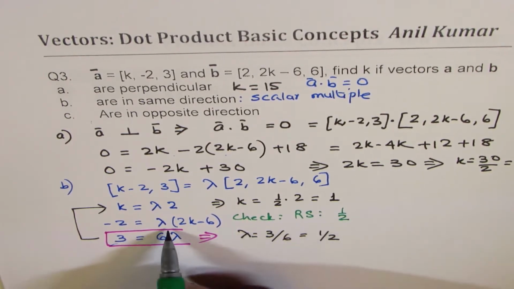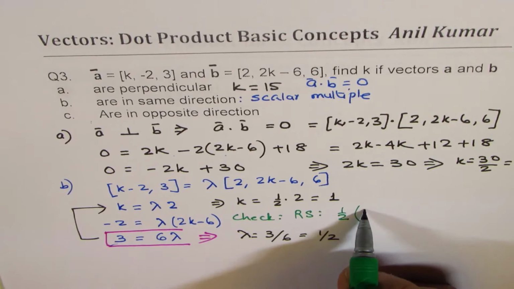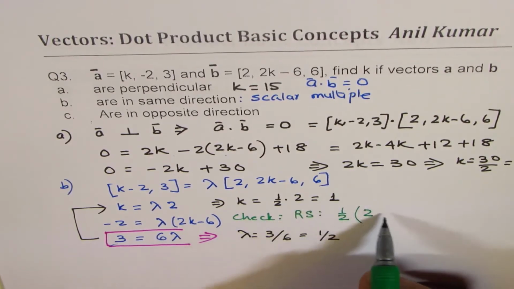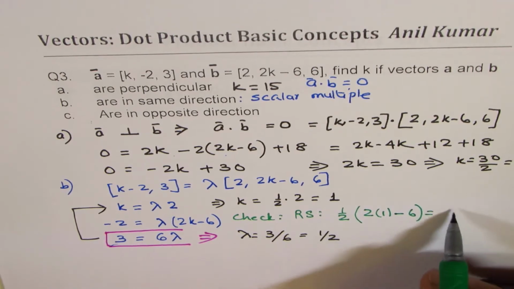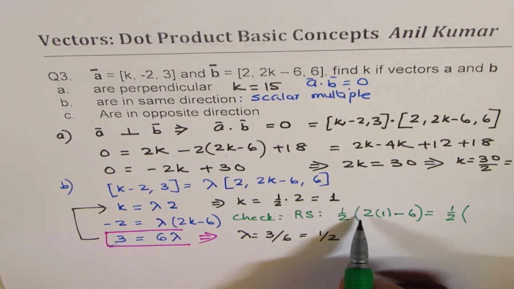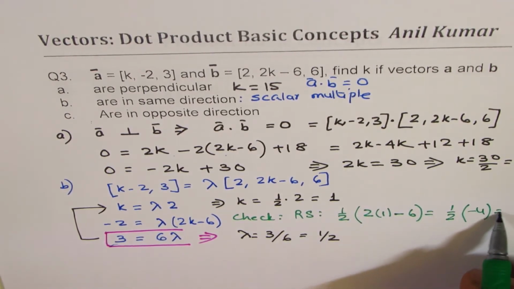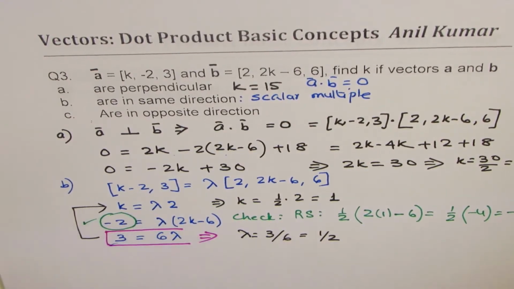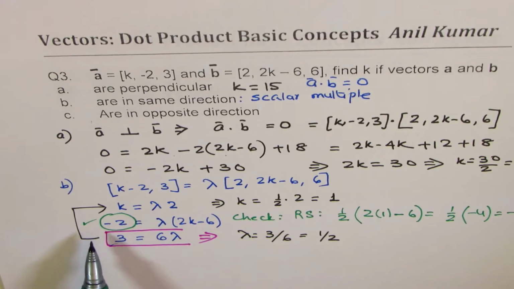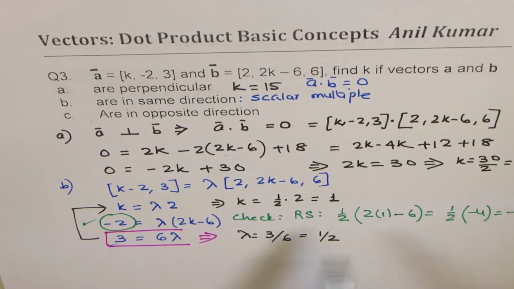So we'll write half times 2 times 1 minus 6. That gives us half of minus 4, which is minus 2, which is correct. Perfect. And therefore, we know that it works.